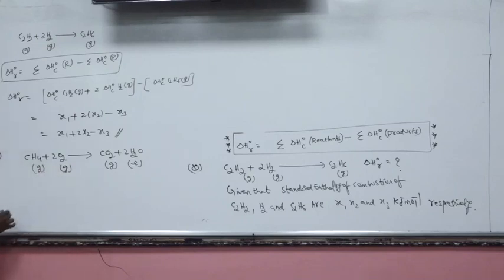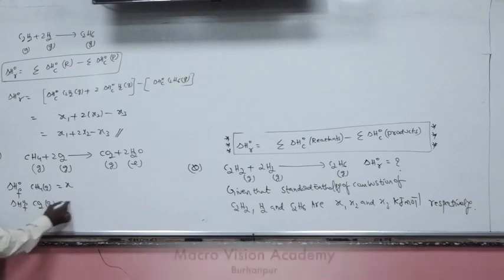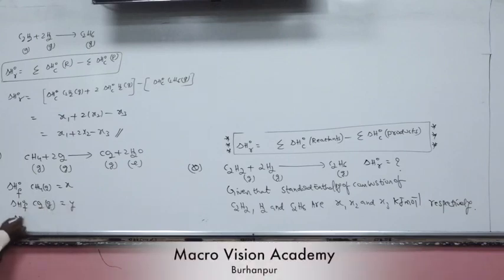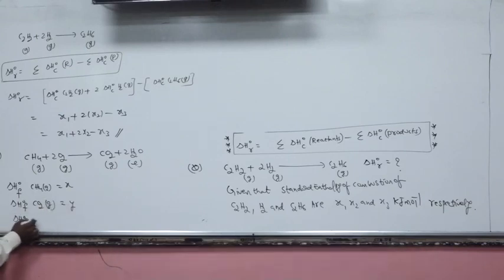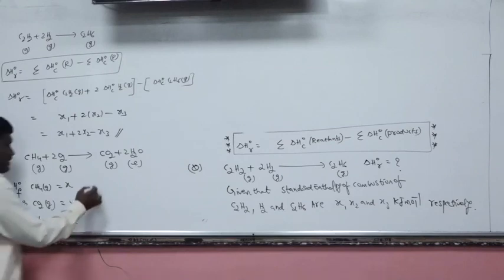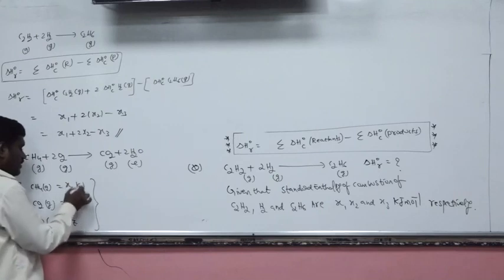Now, next problem. Standard enthalpy of formation of methane gas is X. Standard enthalpy of formation of CO2 gas is Y. Standard enthalpy of formation of liquid water is Z. This is given to you in kilojoule per mole.